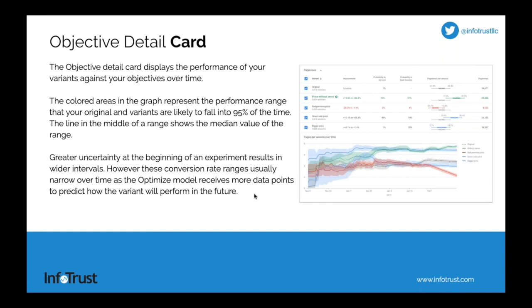The line in the middle is the median value of the range. If you mouse over the graph, you can also see the specific values.